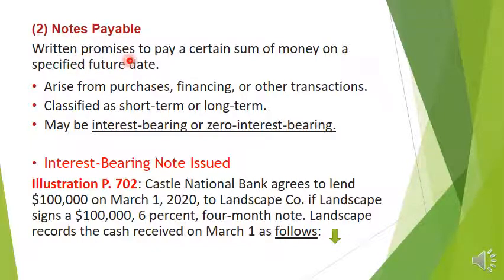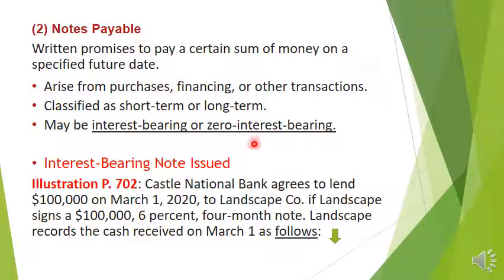Written promises to pay a certain sum of money on a specified future date arise from purchases, financing, or other transactions. Classified as short term or long term, may be interest bearing or zero interest bearing.